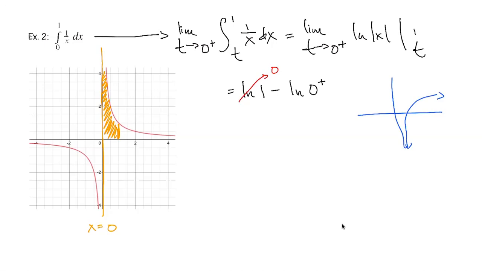When we approach 0 from the right, what y value does that function get close to? Negative infinity, good. So I have 0 minus that negative infinity. And again, this is negative infinity because that part of the function goes down towards negative infinity. So we end up with a situation of 0 plus infinity, or infinity.